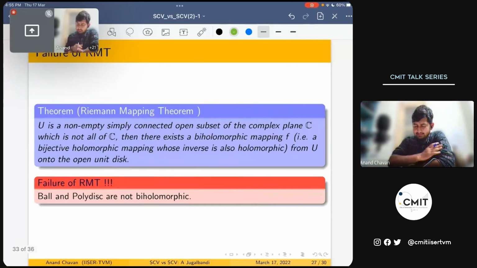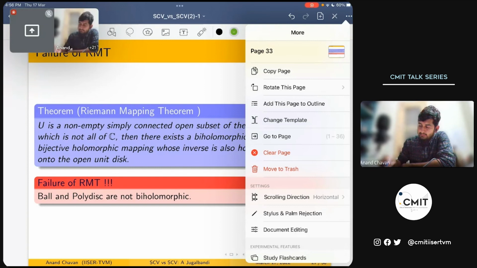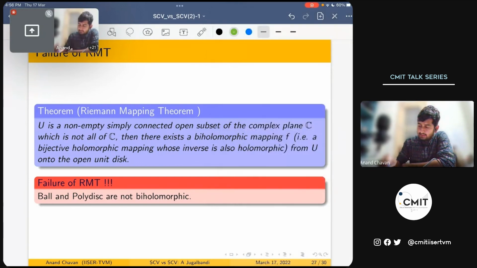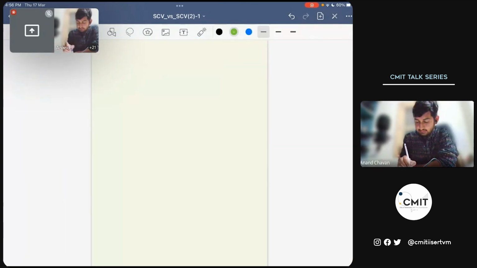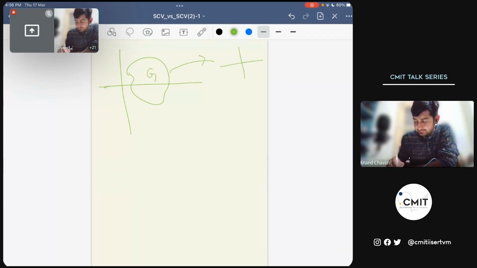So the next result is the Riemann mapping theorem. The Riemann mapping theorem is a very celebrated theorem in a single complex variable, and alas we can't extend it to several complex variables. The Riemann mapping theorem states that if I have a proper open connected set of the complex plane, then I can biholomorphically map this set G to the open unit disk.